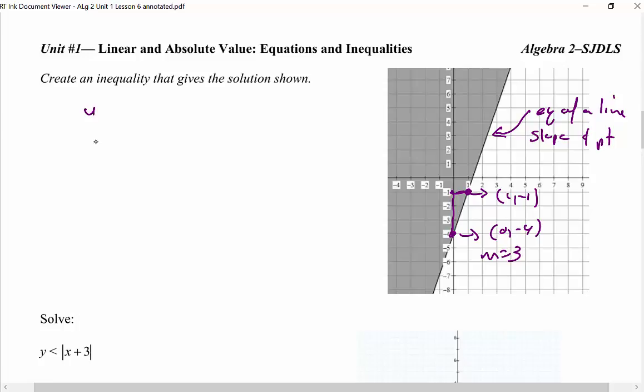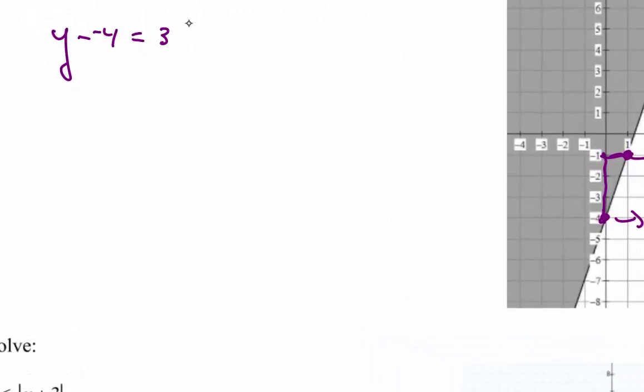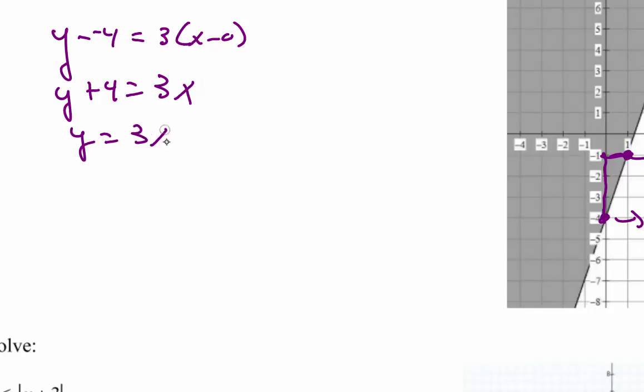So my equation is y minus -4 equals 3 times x minus 0. So y plus 4 equals 3x. So y equals 3x minus 4. So that's the equation of the line.